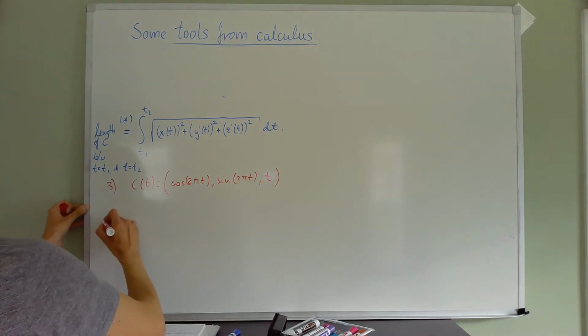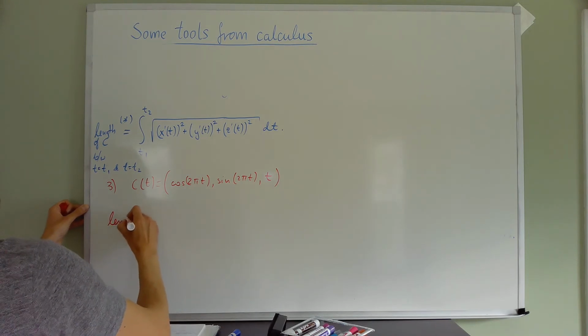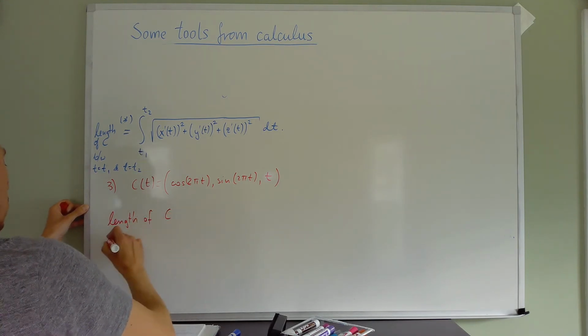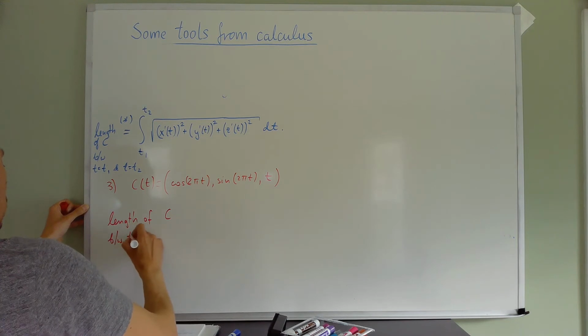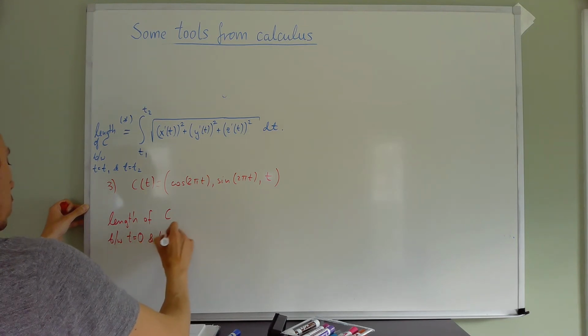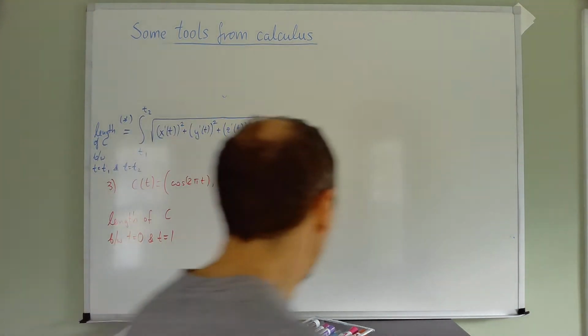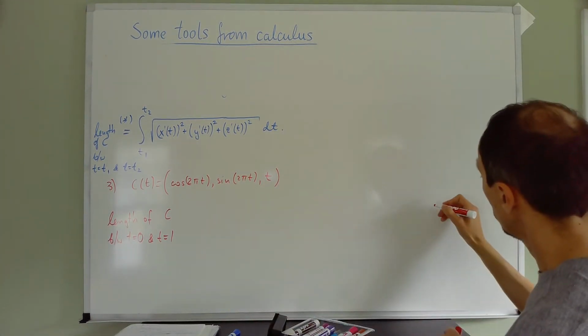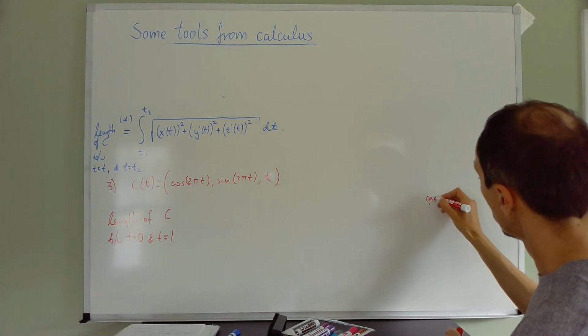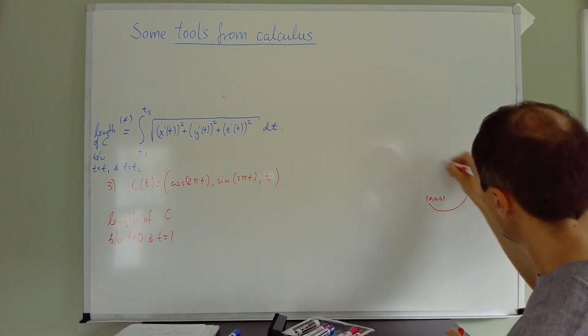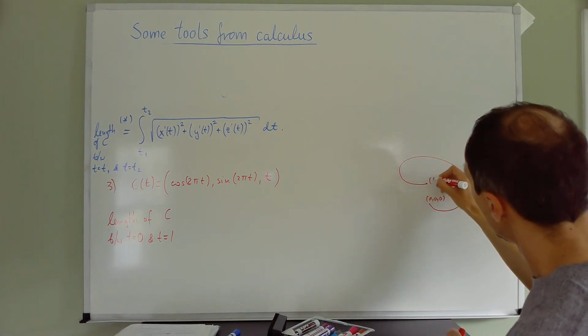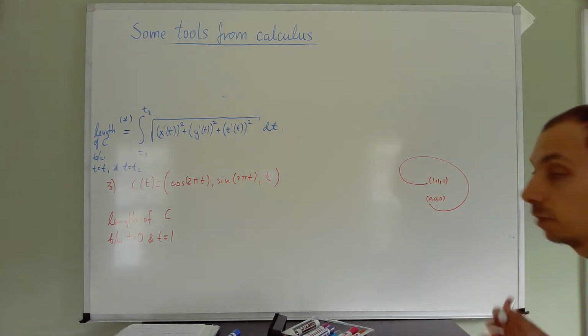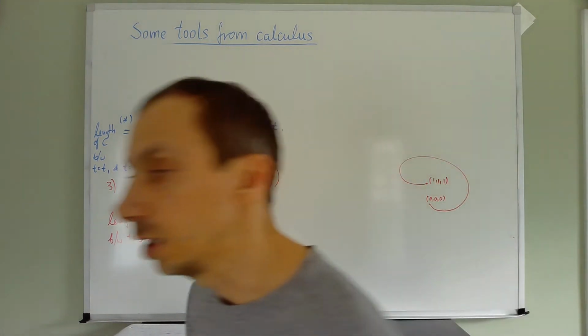And again, I want to know the length of c between t equals 0 and t equals 1. So that means on the picture, I'm starting out at 0, 0, 0, and I'm doing one rotation to 1, 1, 1. And I would like to know how long this arc is.